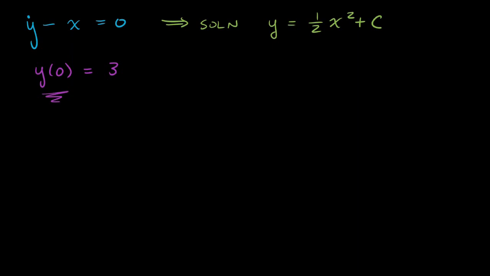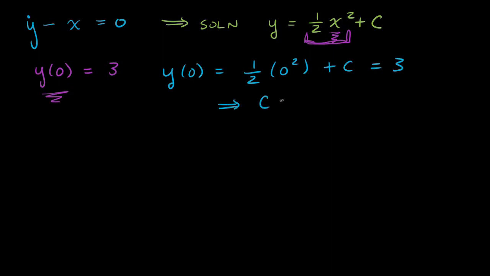So this y of 0 equals 3, well, what that means is if I plug in x equals 0 into this equation over here, I should get 3. So if I plug in x equals 0, then I know that this entire term is going to be 0. So what that tells me is y of 0 equals 1/2 times 0 squared plus c, and that equals 3. Well, I can tell pretty obviously that c equals 3.